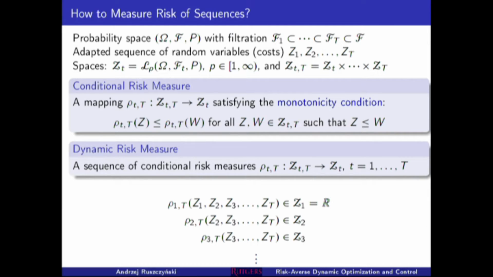The most important observation that we have to make when we deal with such a problem is that this is not a one-time question, because dynamic problems occur when we have to make decisions as time goes on. So we shall have to evaluate these costs also tomorrow and the day after tomorrow and so on. Therefore, dynamic risk measurement is necessarily associated with a system of evaluations. And they are called conditional risk measures.